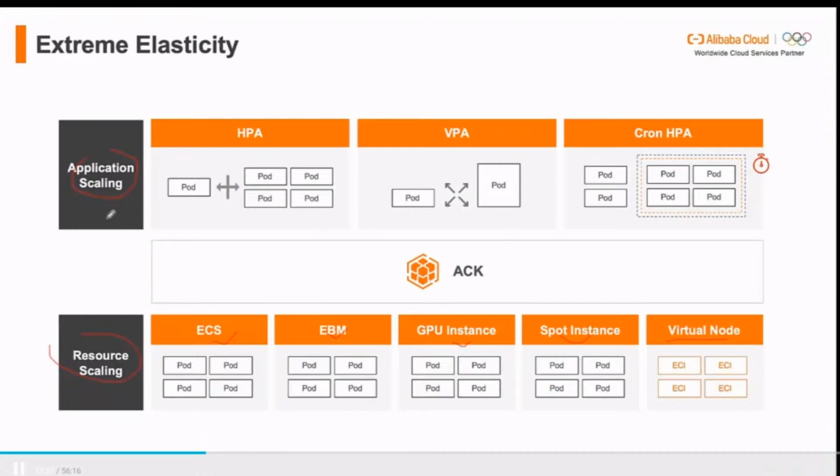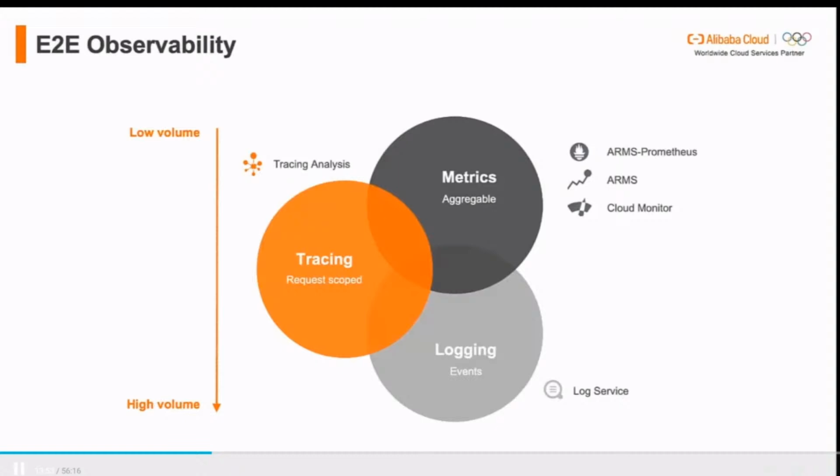For application scaling, we support HPA, horizontal pod autoscaling, VPA, vertical pod autoscaling, and cron job-based horizontal pod autoscaling. The HPA can be triggered by external metrics such as QPS or website latency, etc. Now let's talk about Alibaba Cloud Container Service cluster end-to-end observability.